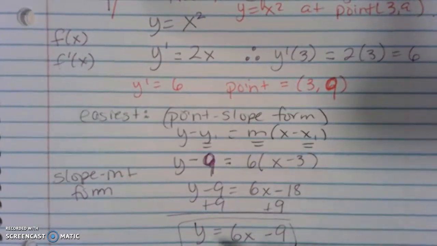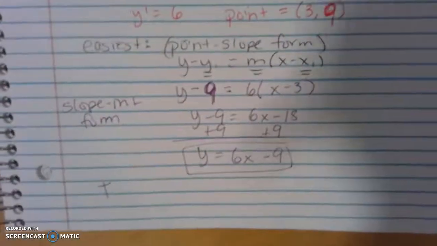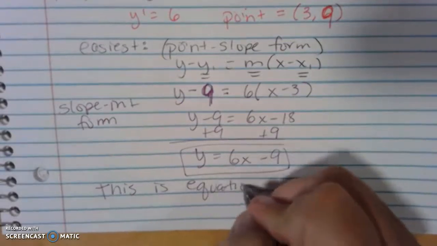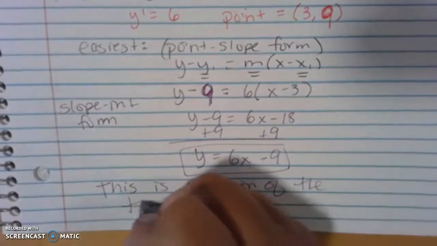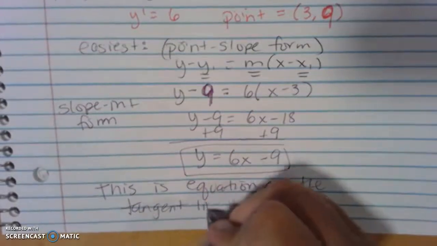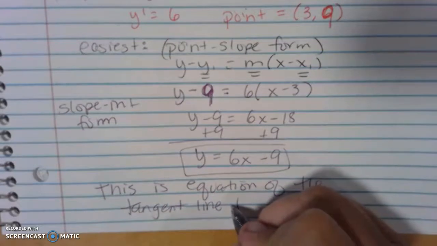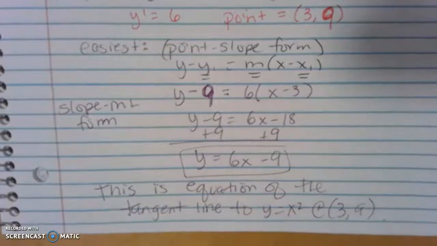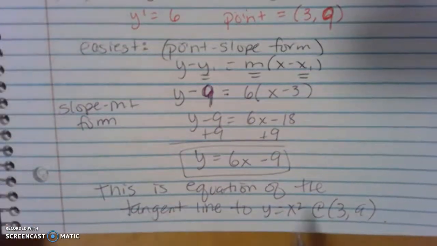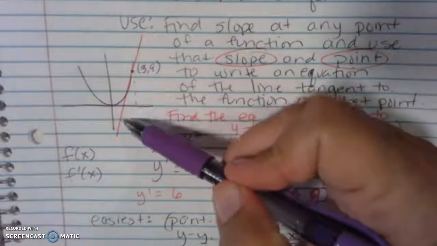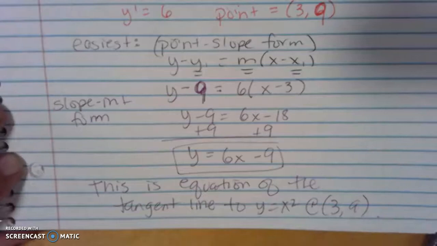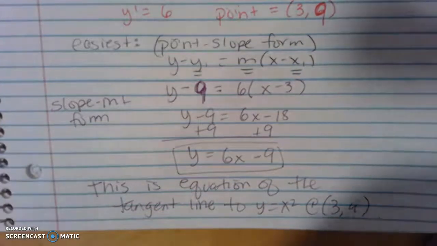So this is the equation of the tangent line to y equals x squared at (3, 9). That's pretty cool. So I can give you the equation of the tangent line at any point. If I look at the picture, the equation of this line is y equals 6x minus 9, the equation of the tangent line.